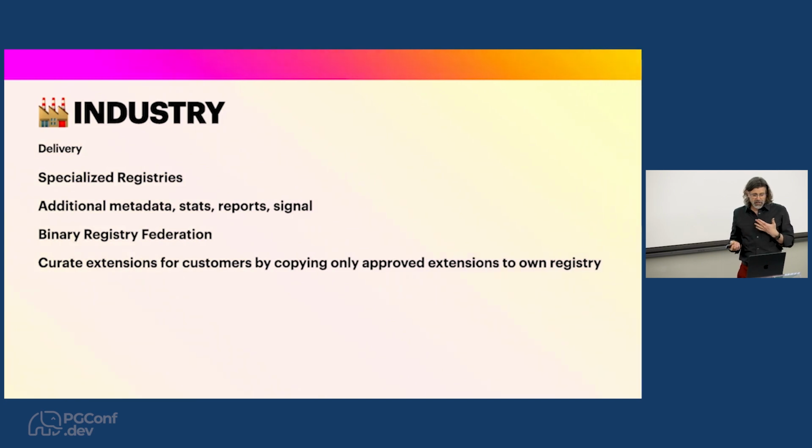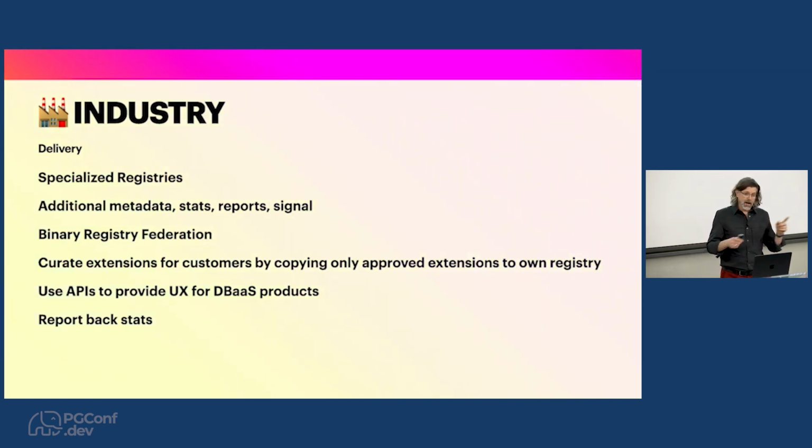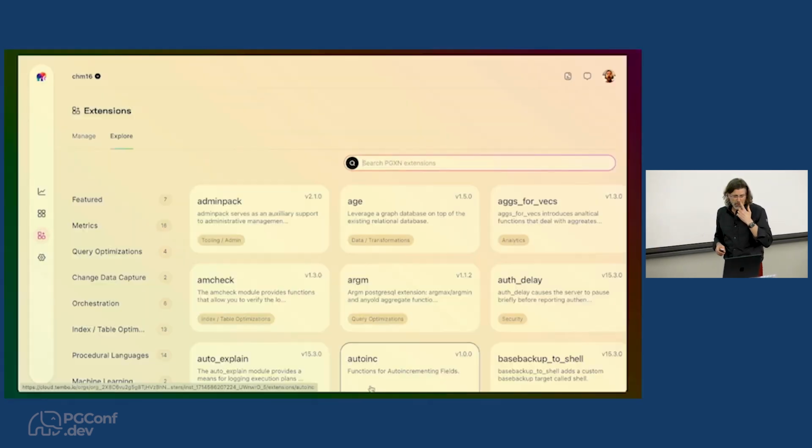And they want to curate for their customers by copying only approved extensions from the registry, rather than simply mirroring stuff, they're being picky about it. But they can use APIs to provide user experience for the users to actually install extensions without having to use that nasty CLI I was showing earlier, right? And then to be able to report back stats to the extent that they're trusted partners of the community and they have a desire and willingness to share stats, this can come back again to be aggregated to increase the signal for people.